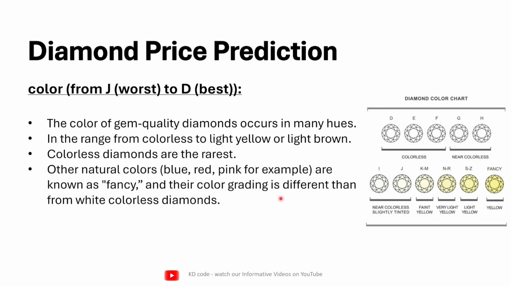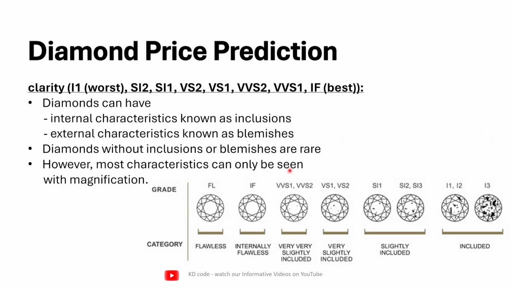Let's see another attribute now. The next attribute is clarity. This is the fourth attribute, and there are internal and external characteristics of the diamond, which are called inclusions and blemishes correspondingly. Diamonds very rarely occur without these inclusions or blemishes. And these characteristics in this image can be seen through magnification. You observe here, we always prefer clean and clear diamonds like these, right, guys? So the clarity attribute is very simple, guys.